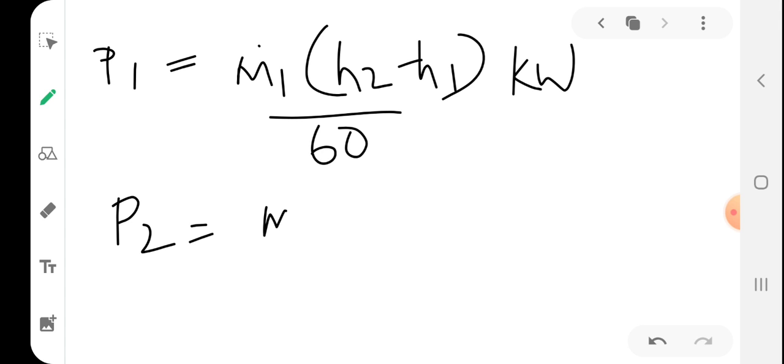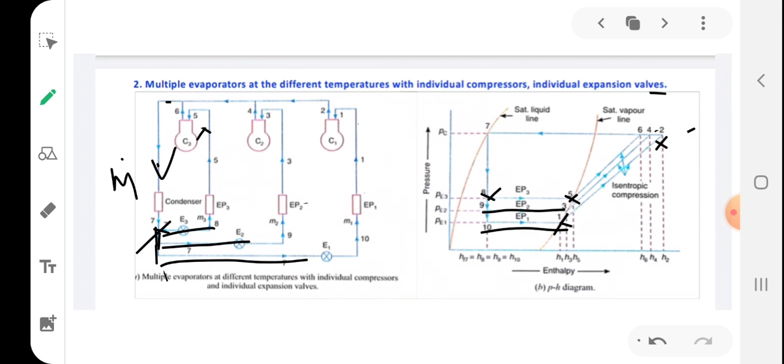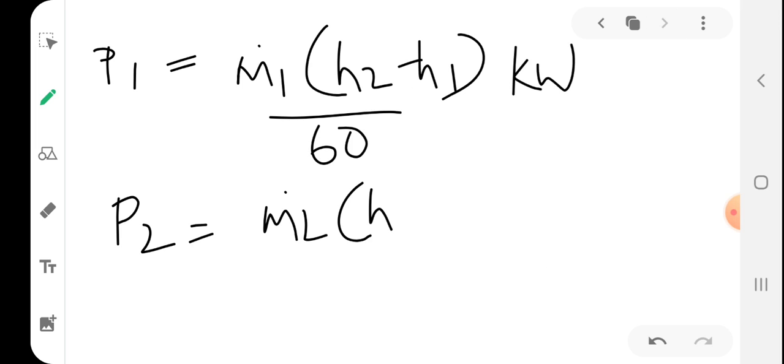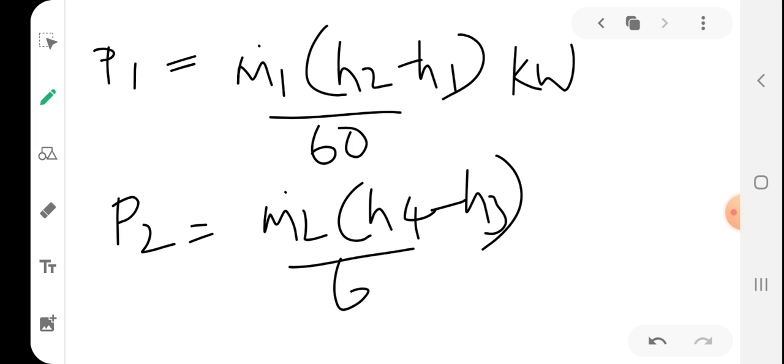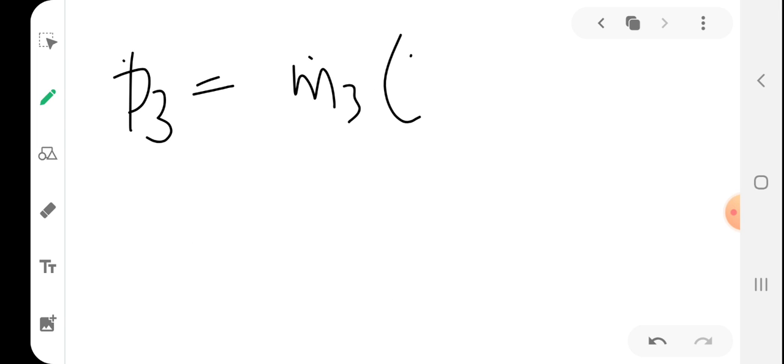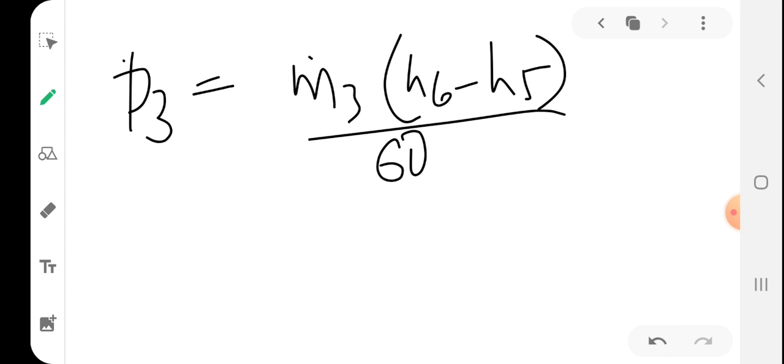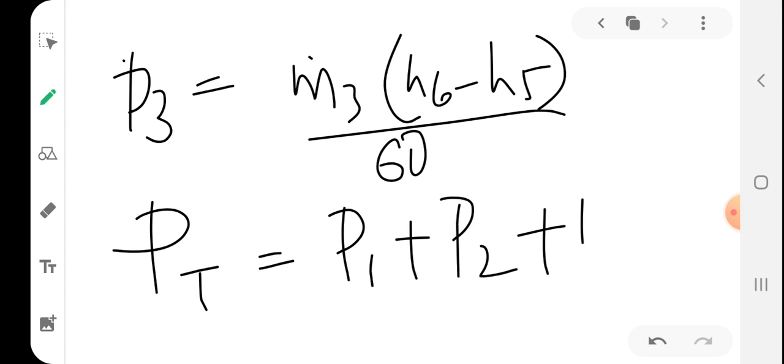P2 will be M2 dot into H4 minus H3, divided by 60 kilowatts, and similarly P3 will be M3 dot into H6 minus H5, divided by 60. The total power P total will be P1 plus P2 plus P3.